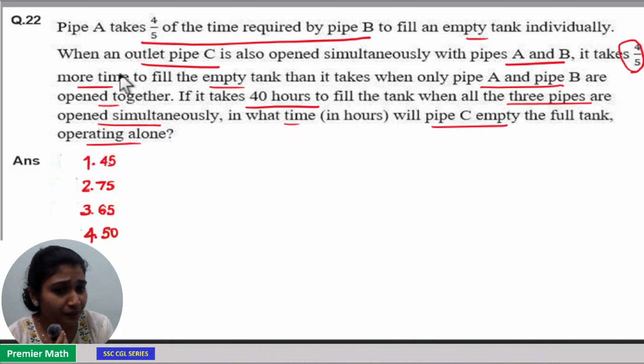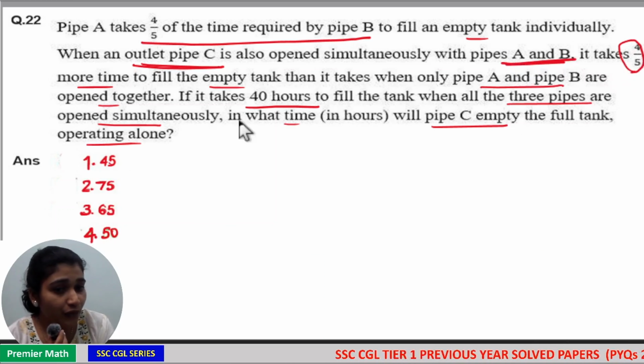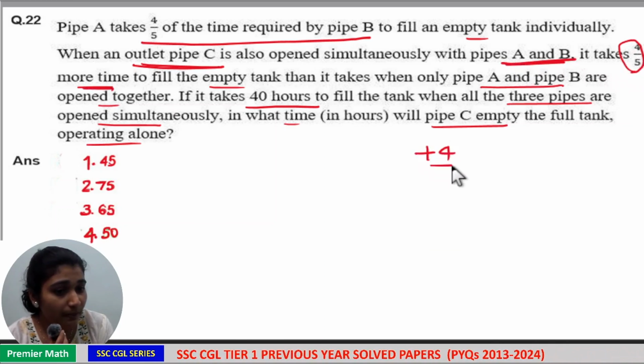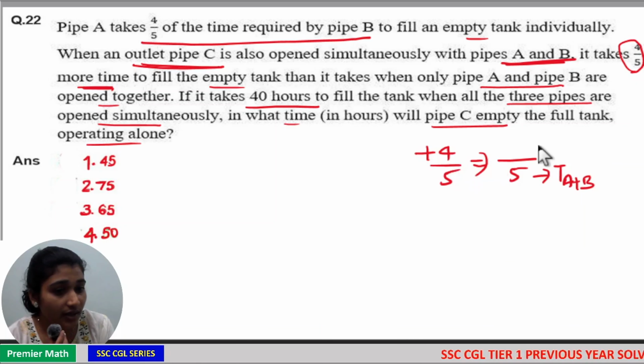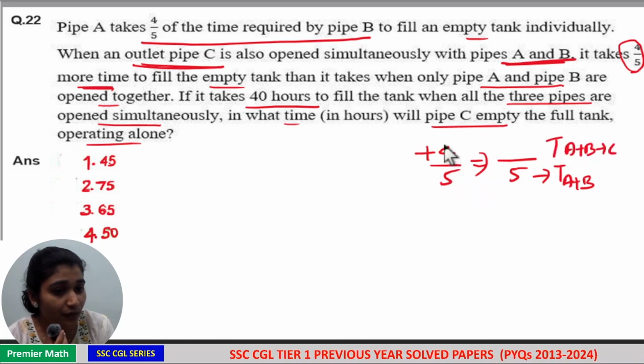Here, when outlet pipe C opens, ABC together take 4/5 more time than AB. So more time means plus 4 by 5. That is, if time taken by A and B together is 5 units, then time taken by ABC together is equal to 5 plus 4, 9 units.